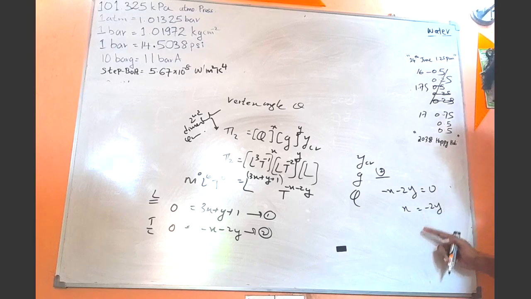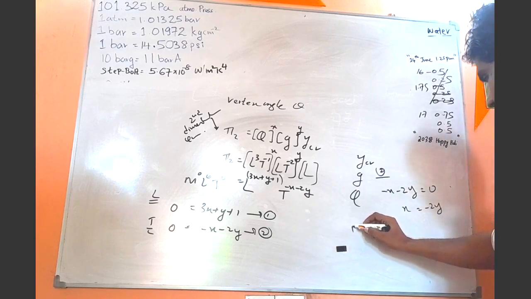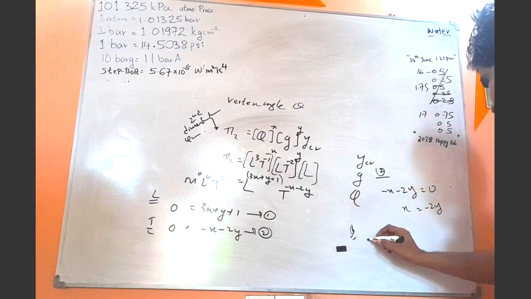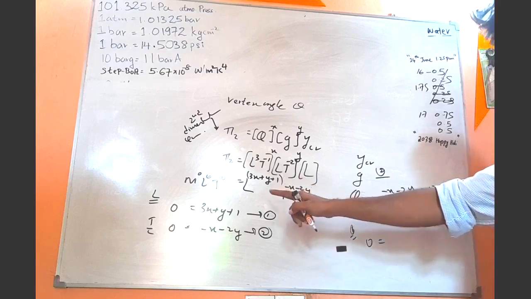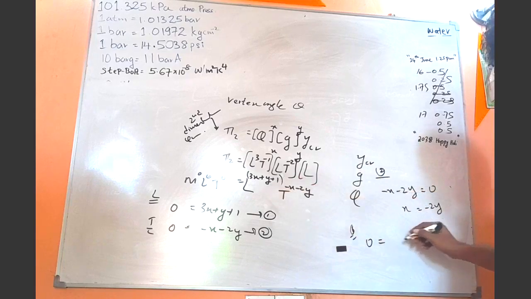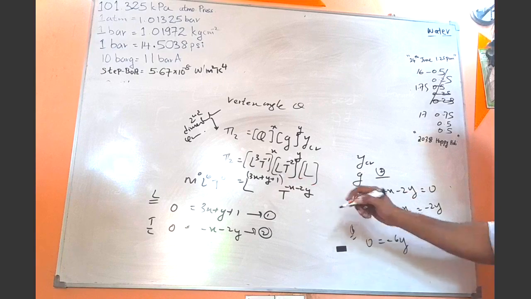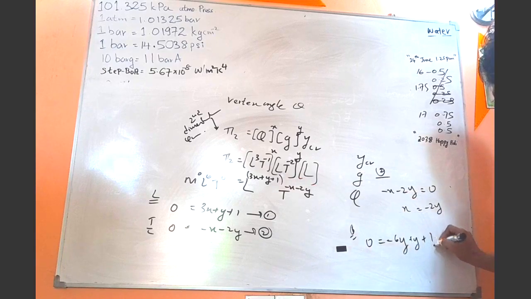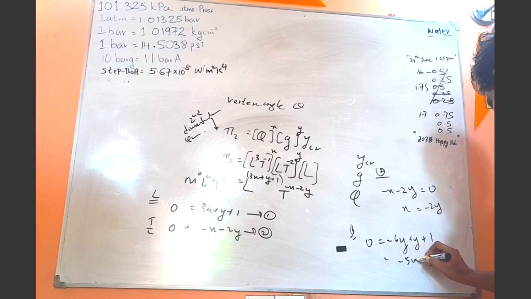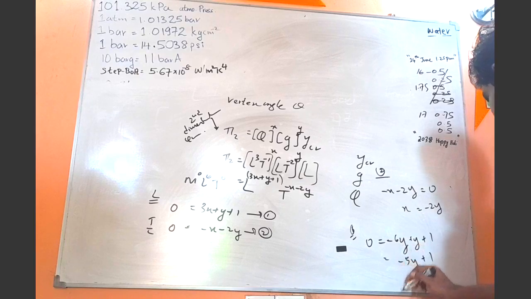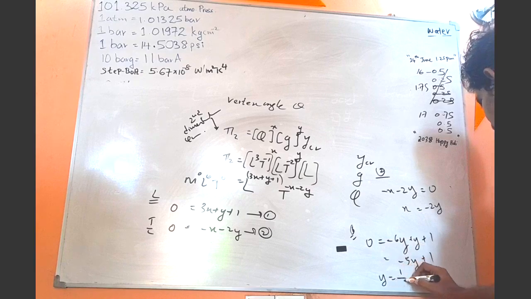Then use this result in equation number 1: 0 equals 3 times minus 2y, minus 6y plus y plus 1, minus 5y plus 1. If you simplify that, you get y equals 1 over 5.